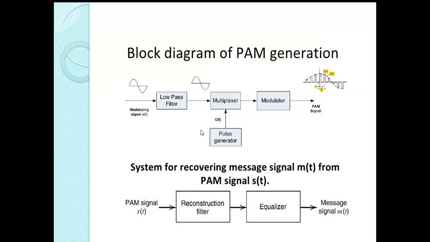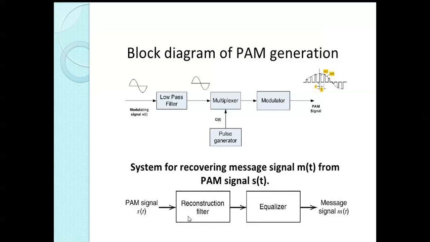So this is the generation part. As I told, I'll have the message signal through a low pass filter, and c(t) is the pulse train, which is the carrier signal. Both are mixed, and this is where I'll get my PAM signal. Here this will be the detection part.